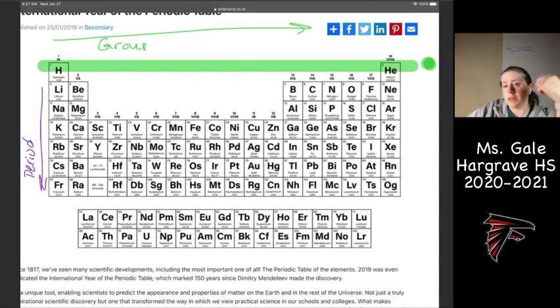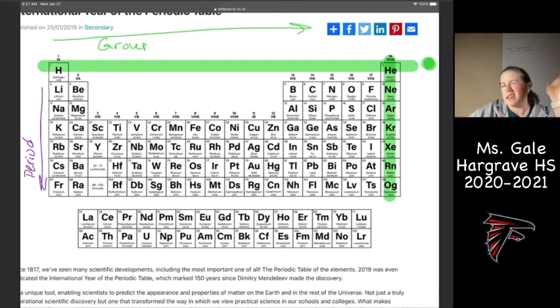Well, since helium only has one shell, and the first shell only holds 2 electrons, it can't hold any more. That's the rule we have to live by. So helium is on 8A because its valence electrons are completely filled. It's happy.